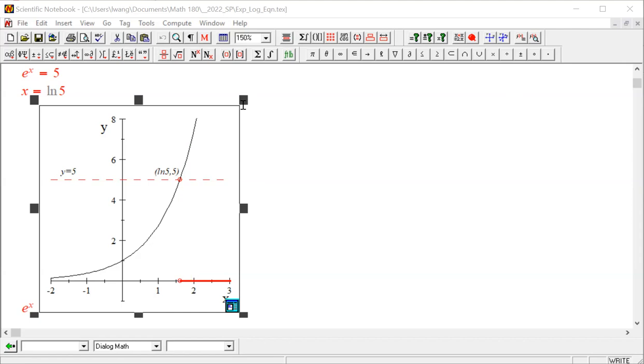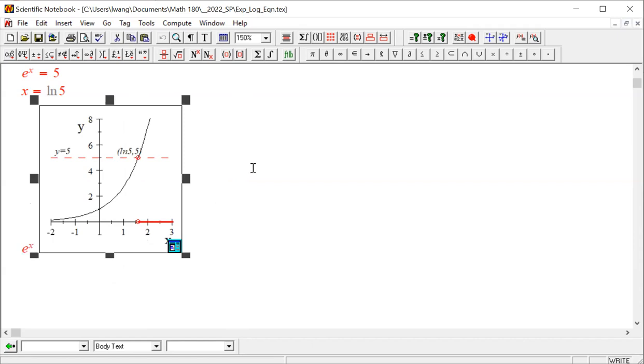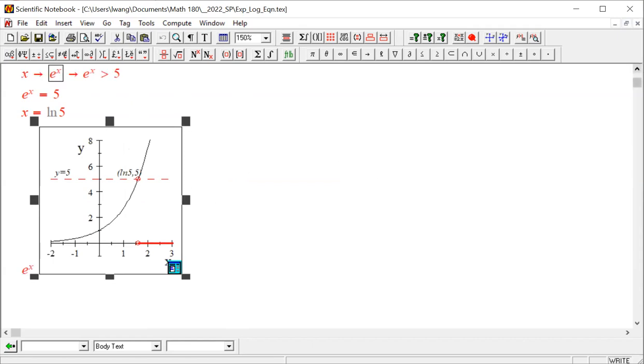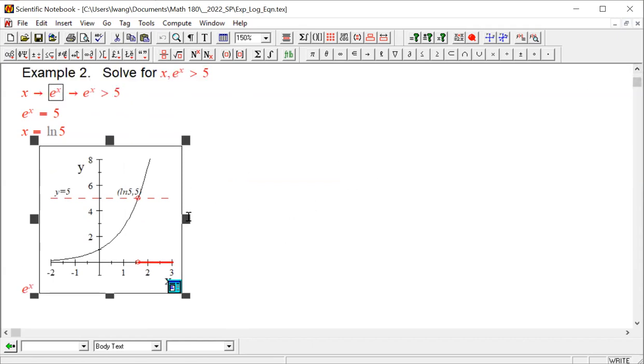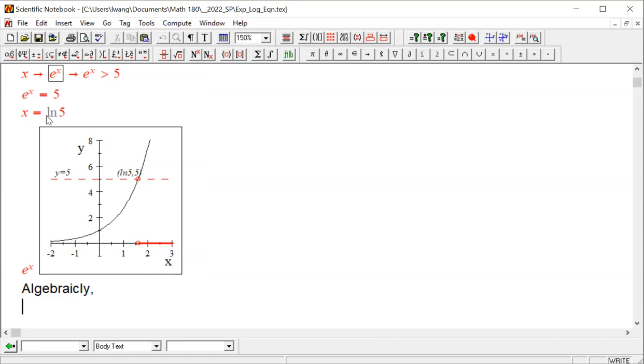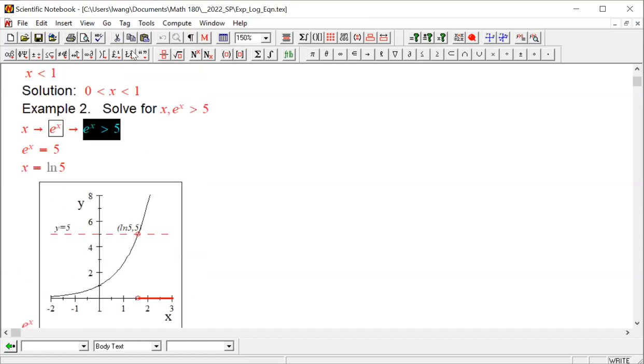Okay, so we can use these functions and view input and output, right? We want the input to be positive. Algebraically, what can we do? Algebraically, you can do the following.